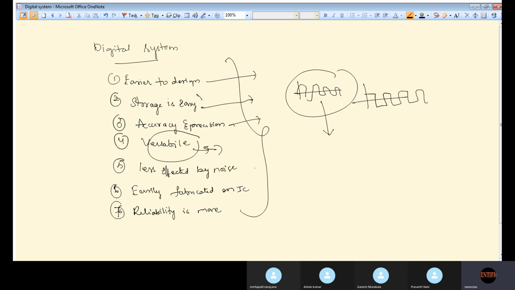Versatility means programming will be very easy, and noise and fabrication reliability, these are all the advantages.